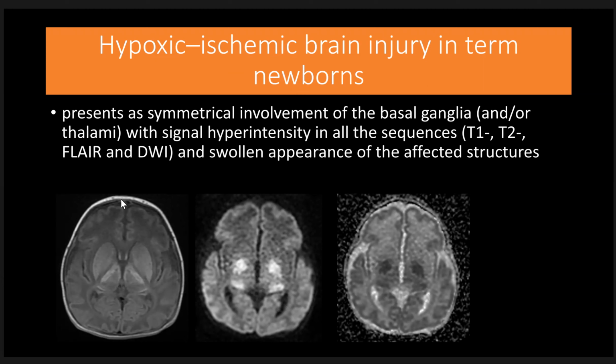As we see here, the patient with hypoxic ischemic injury, acute asphyxia, we have hyperintensity and swelling in the basal ganglia and thalami with restricted diffusion.